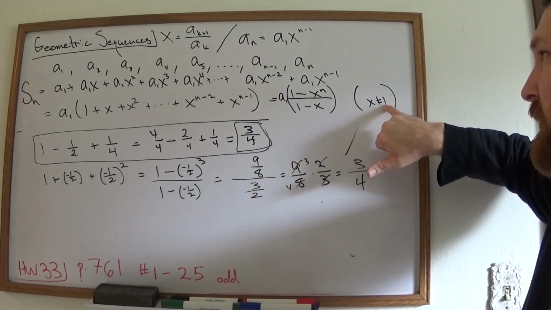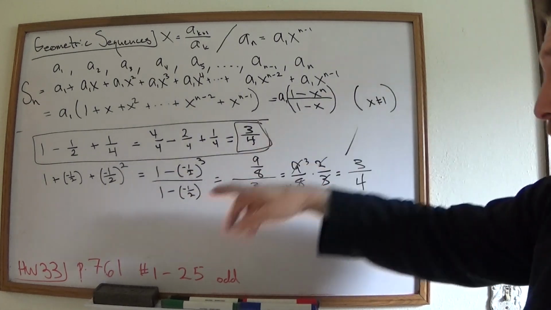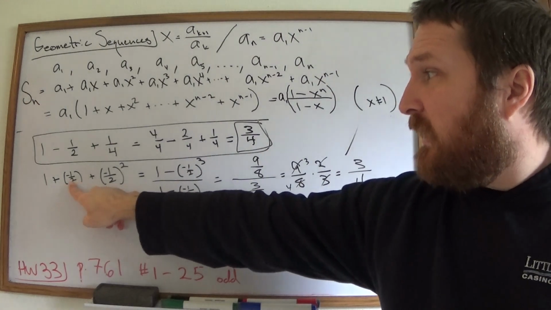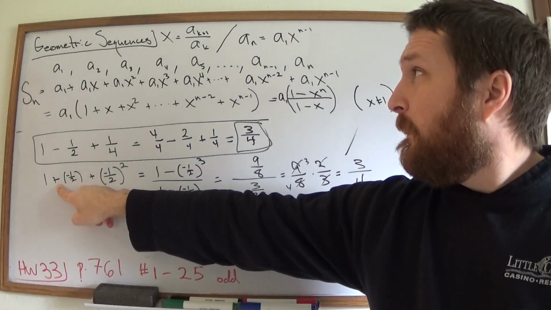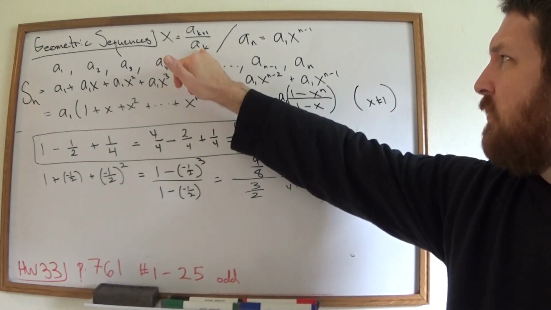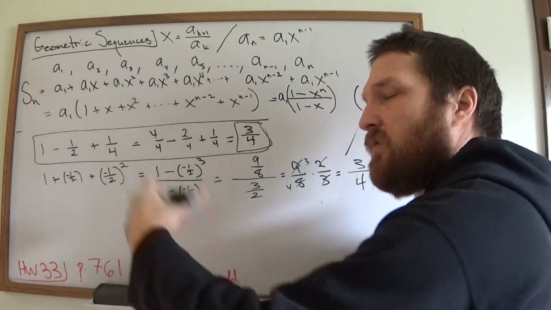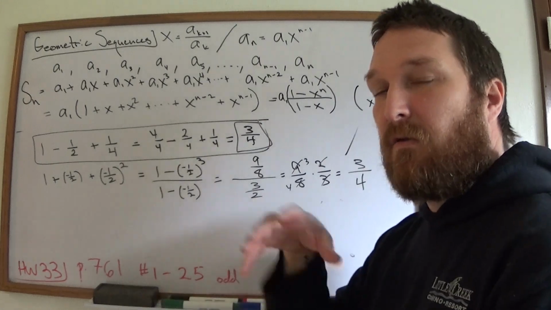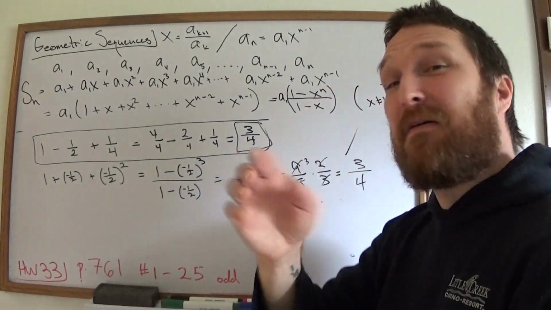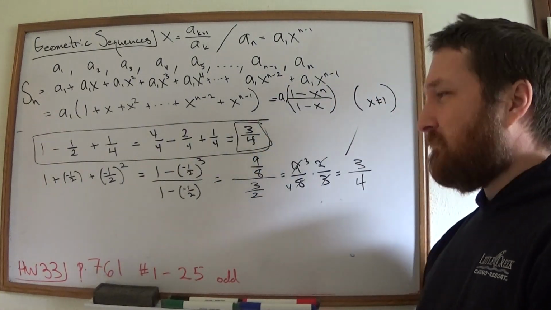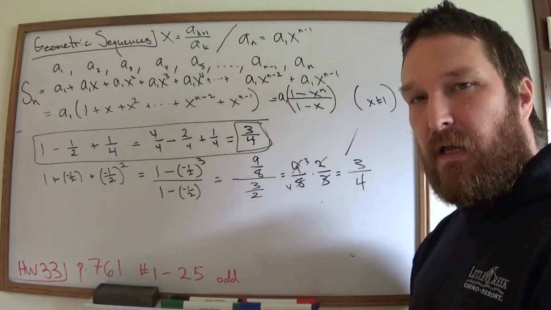equal to 1. And if x is not equal to 1, it could be negative. The x could be a negative number, right? We had one where the ratio turned out to be negative, and we saw that the sequence alternated.